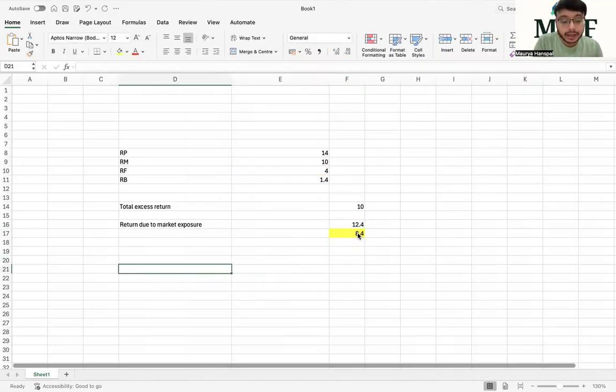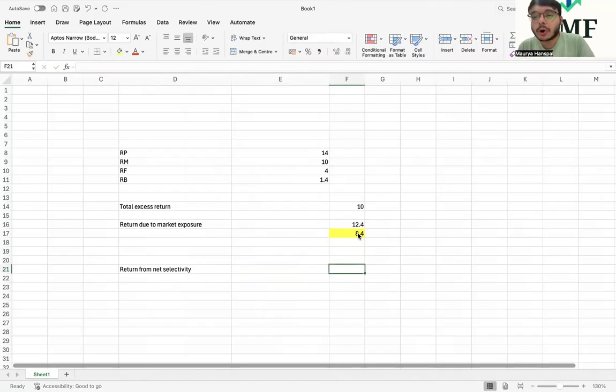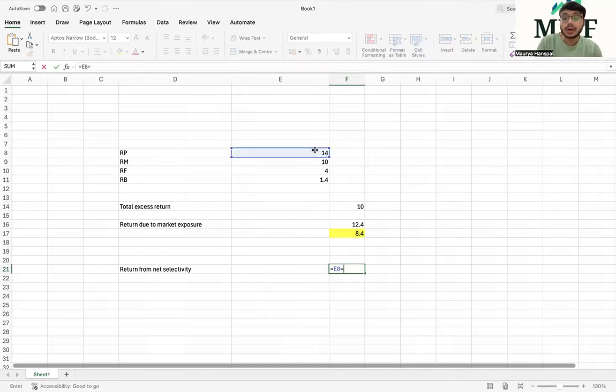अब यहां मुझे जानना है the return from net selectivity. How to calculate the return from net selectivity? The formula simply says the return on the portfolio minus CAPM return. CAPM return is also called as the expected return.